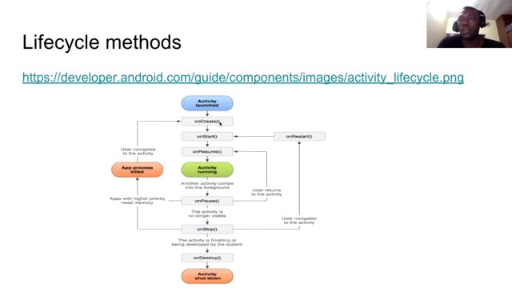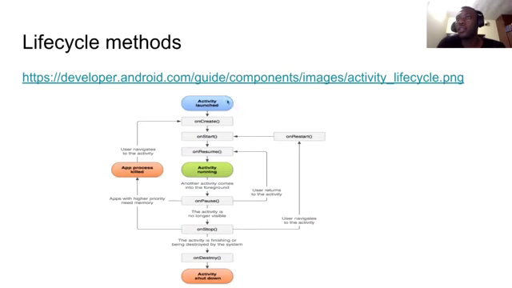From this diagram, we can see two different types of shapes. The first one is the oval shape, and then we have the rectangular shape. The rectangular shape represents lifecycle methods. So from the diagram, you can see there's an onCreate method, onStart method, onResume method, onPause method, onStop method, onDestroy method, onRestart method.